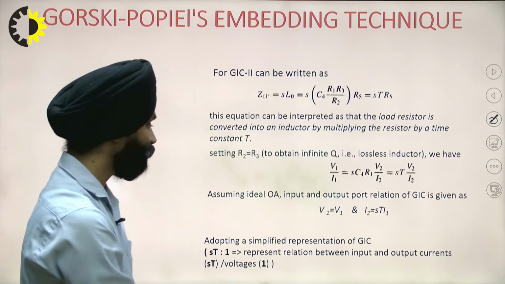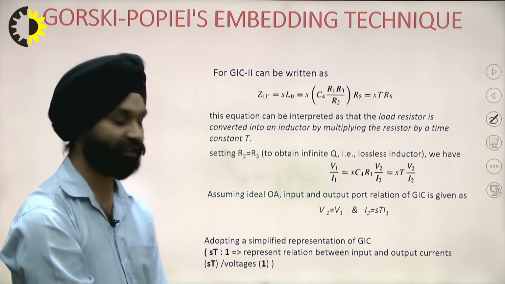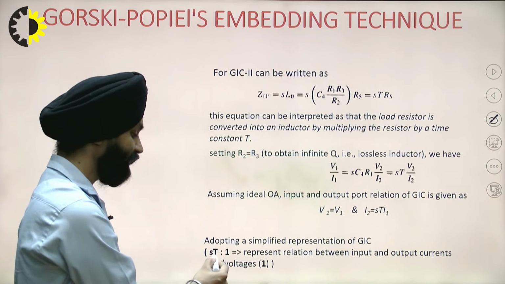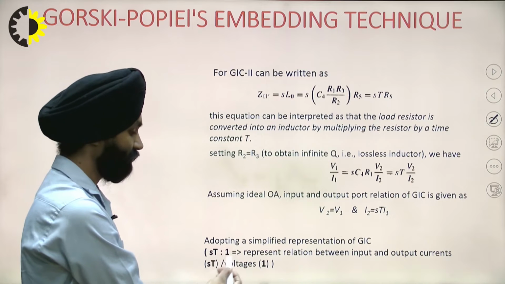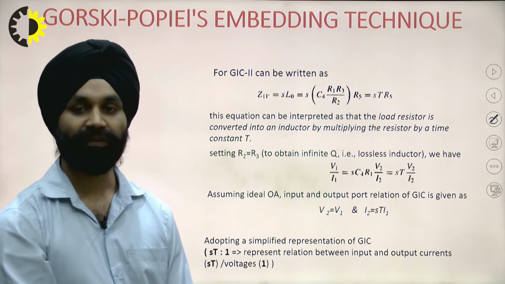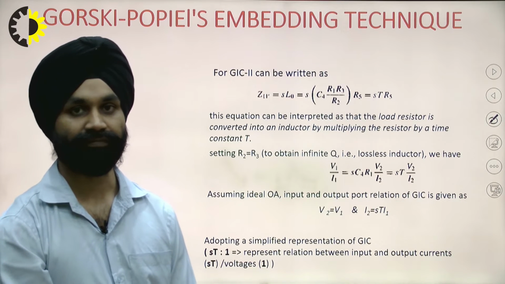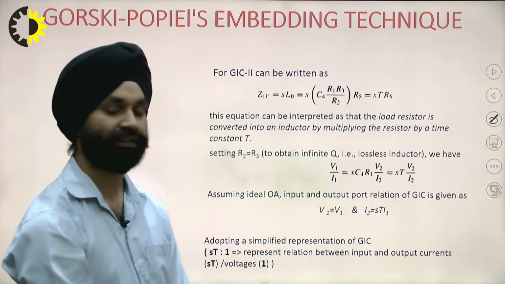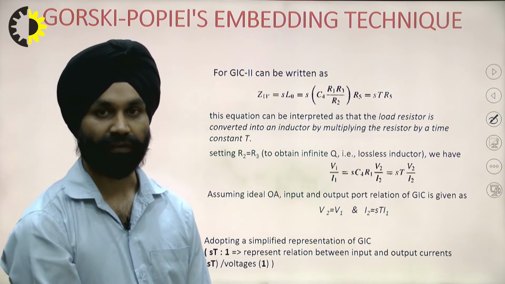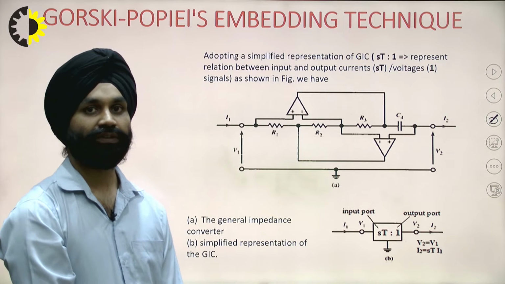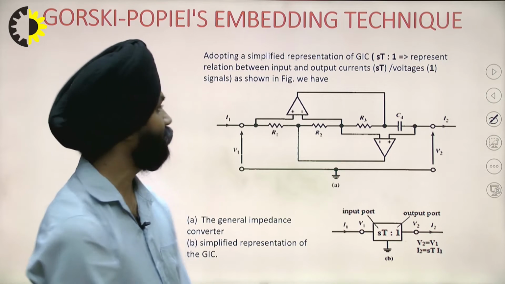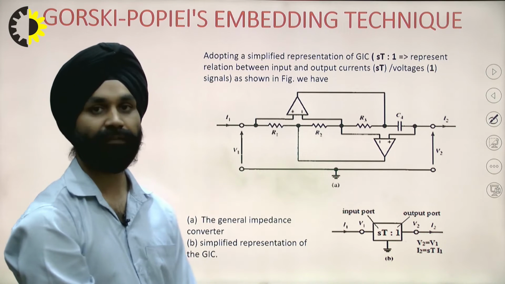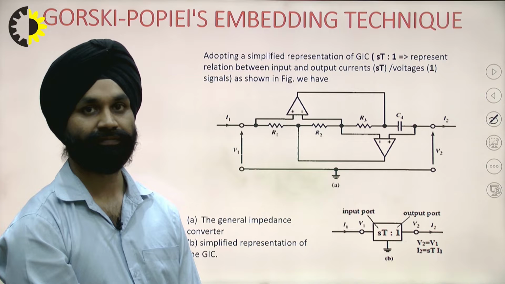So we can say the ratio of I1 and I2 is S T to 1. Adopting a simplified representation, the GIC can be represented by S T ratio 1, which is the relationship between the input and output currents: the input current is S T and the output current is 1, with the voltages having ratio 1.